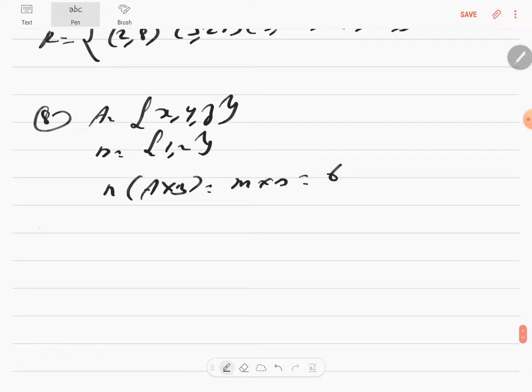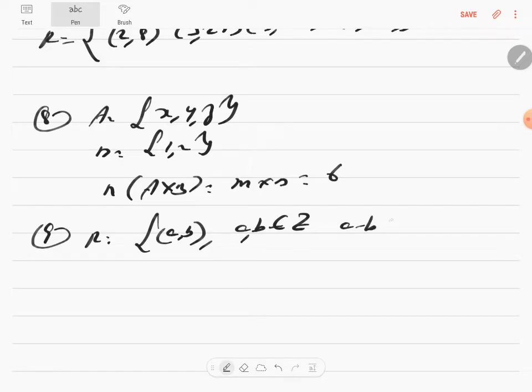So the next, let's go to the 9th question. They are saying R is equal to (a, b), where (a, b) is an element of integers, where a minus b is an integer. That's a condition. If you subtract 2 numbers and you get an integer, then it's a part of this relation. Obviously.